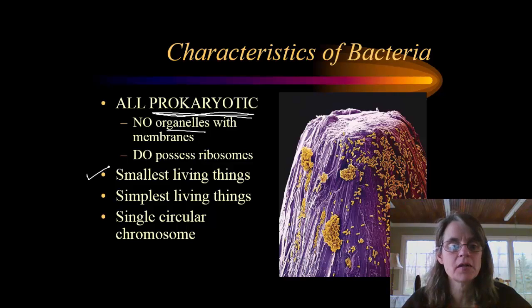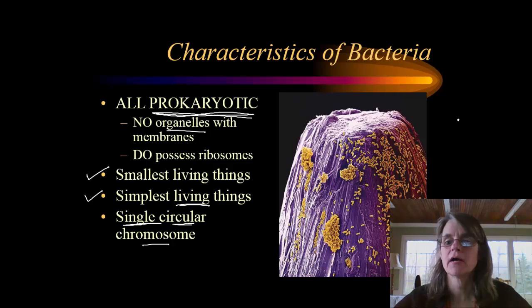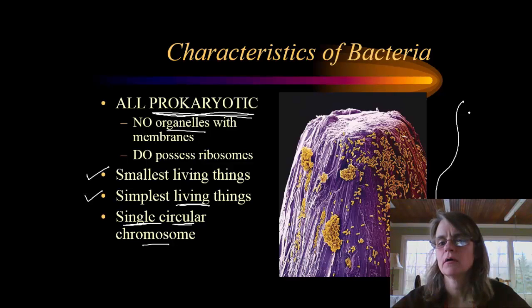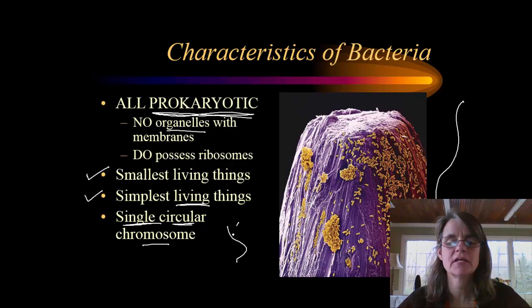They are the smallest living things, the very simplest living things. Remember, viruses are simpler, but they're not living. And they have a single circular chromosome. So when we're talking eukaryotic chromosomes, we're talking about a linear DNA molecule that is a double helix like we've always talked about.